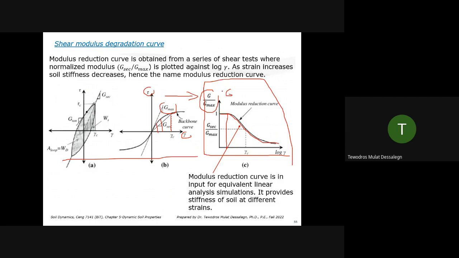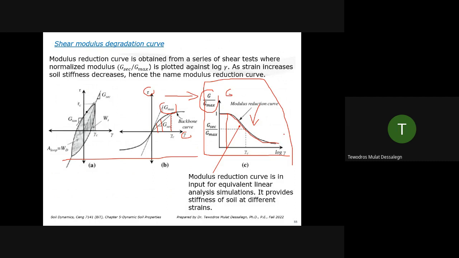There are companies and organizations providing this curve for general properties of soil, but in conventional designs for critical structures, you have to do a lab test. Do whatever wave propagation test or borehole test for the site, get samples, do a lab test, and develop this curve. Once you have this curve, now you're ready for a computer simulation.